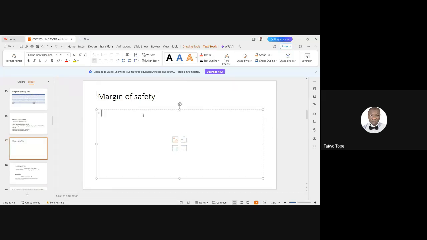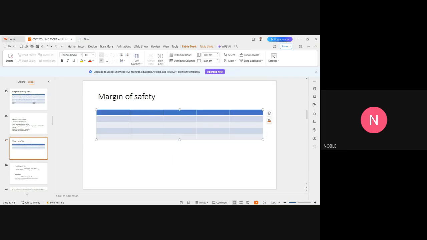I earlier said that what the margin of safety does is that it measures how much actual or expected sales can fall before the business reaches its break-even point. So it is the difference between your actual sales and break-even sales. For this question, we have Wash Shop and Perfect Wash.